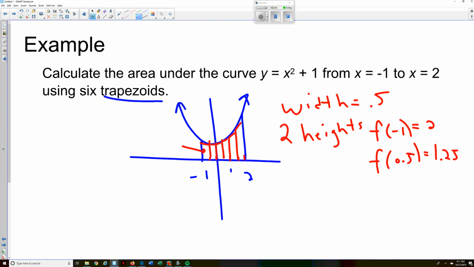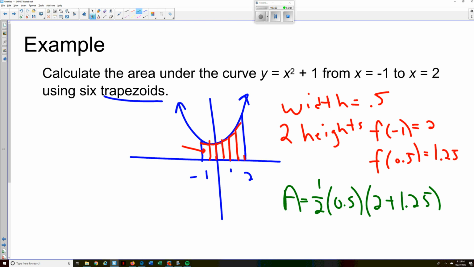So the area of that trapezoid is 1/2 times 0.5 times (2 plus 1.25), and that equals 0.8125.